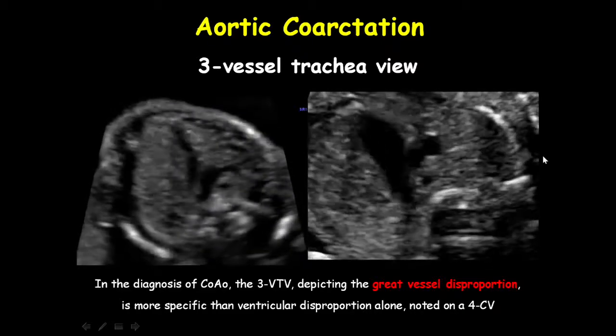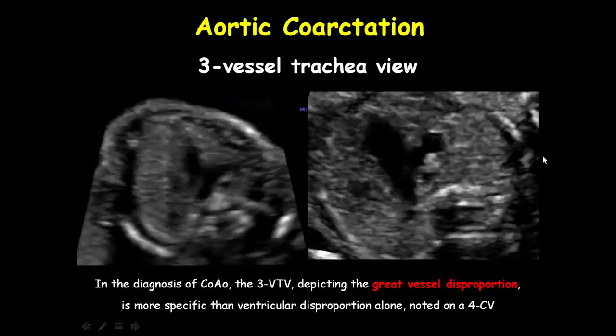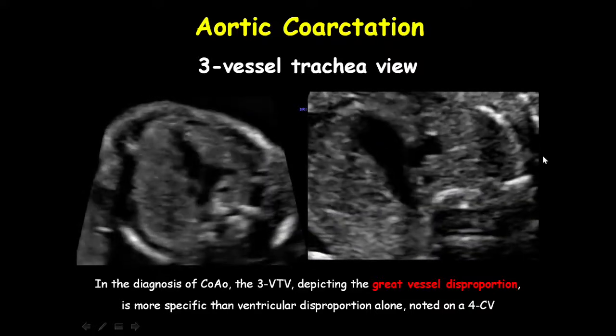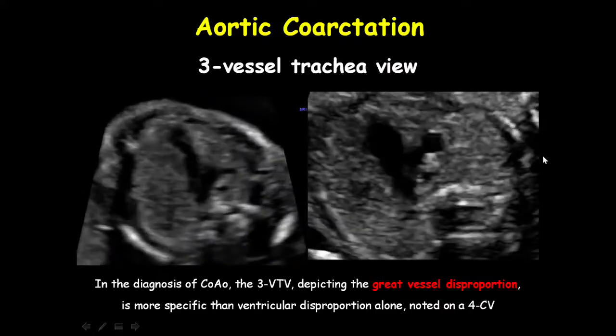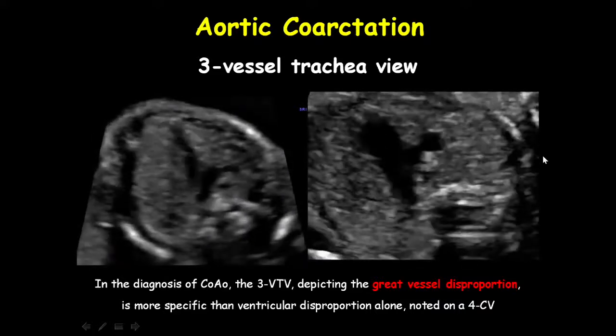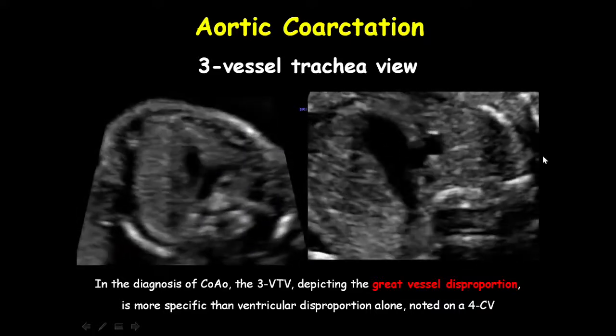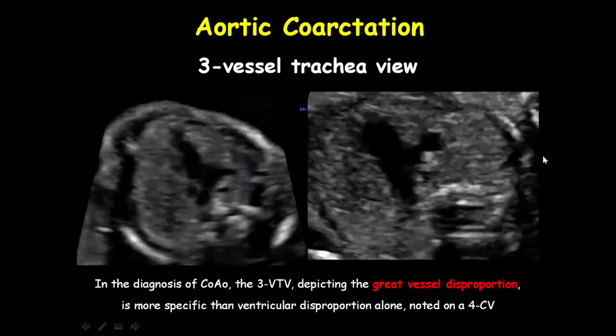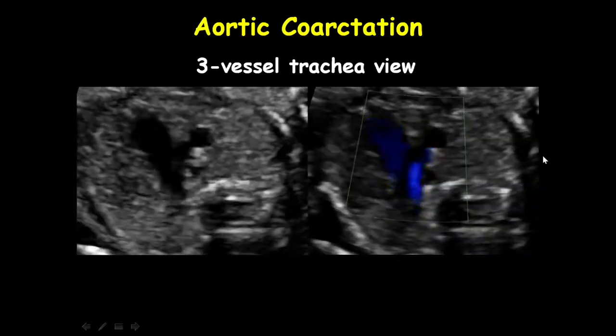So the discrepancy in size at the level of the three-vessel trachea view is more specific for coarctation. And if you see disproportion at the level of the four-chamber view and disproportion at the three-vessel trachea view, you need to suspect coarctation right away.